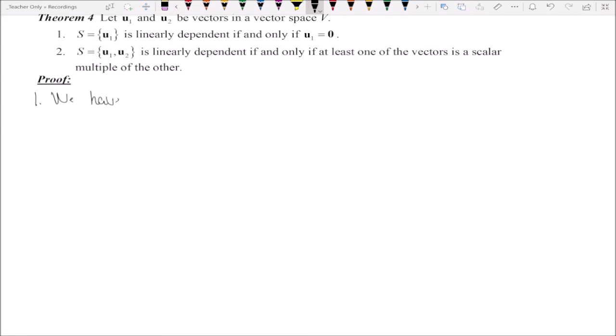Now we have already proven that if C1 U1 is equal to 0, right, then either C1 is 0 or U1 is 0.